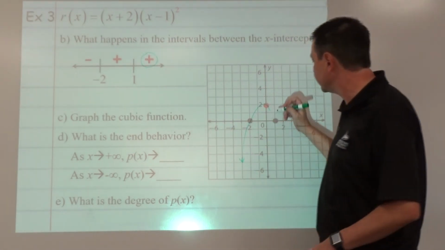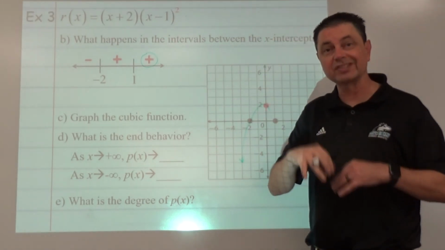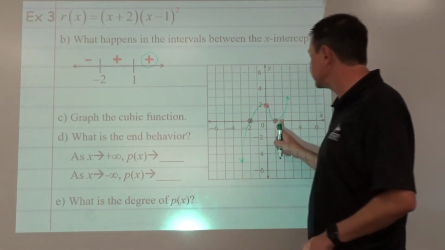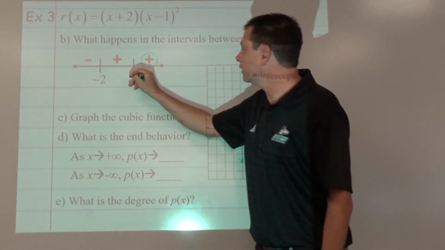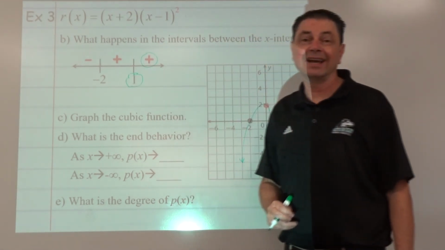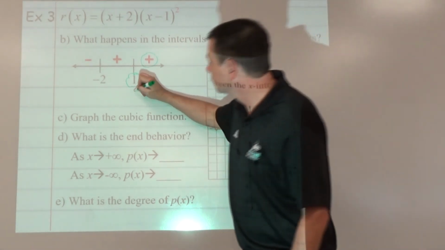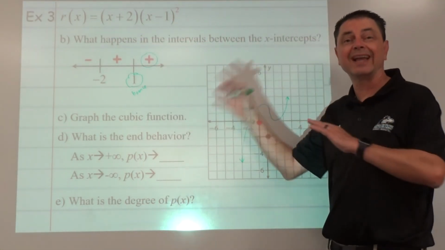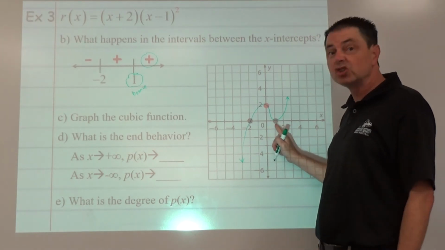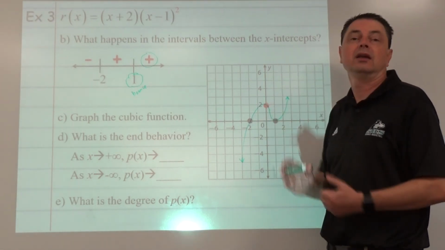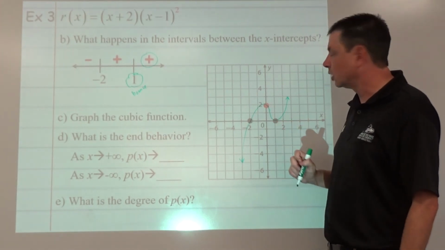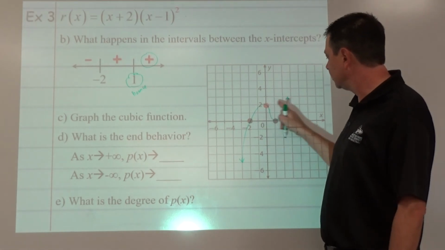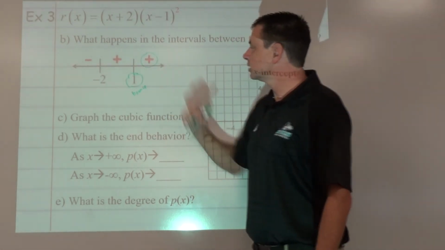So what has to happen is it stays curved, stays rounded, as it bounces off of the x-intercept at 1, 0. Because we went from positive to positive. We were above and stayed above, but just grazed the x-intercept right there. So we call that a bounce. So we have graphed the cubic function. We were below, above, above to match our sign chart.